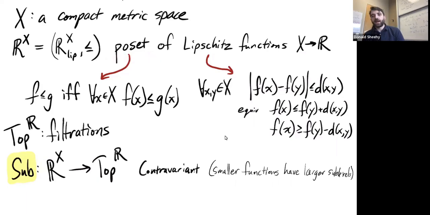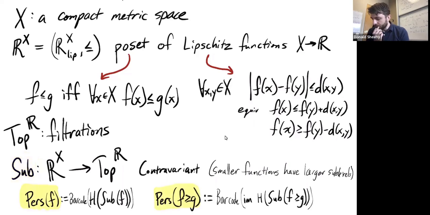If f is less than or equal to g, then the sublevels of g are contained in the sublevels of f. So this is contravariant: smaller functions have larger sublevel sets. If at every scale you can include the sublevels of one into the other, that gives you a natural way to map one filtration into another. We call this an inclusion of filtrations, if you like.